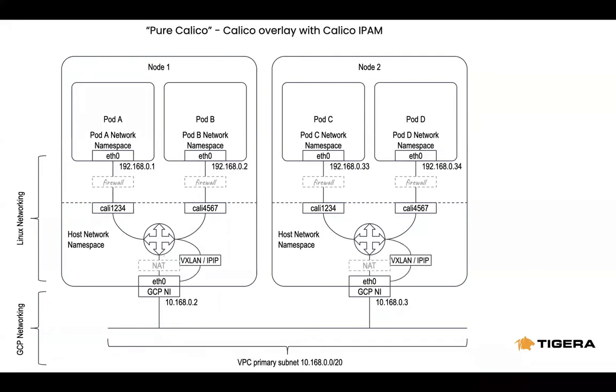And so the last option I want to briefly mention here: if you want to leverage the full capabilities of Calico and want to have Calico for the CNI and manage the IPAM and network policies, then you can configure a pure Calico cluster in GCP. That's not going to be GKE.